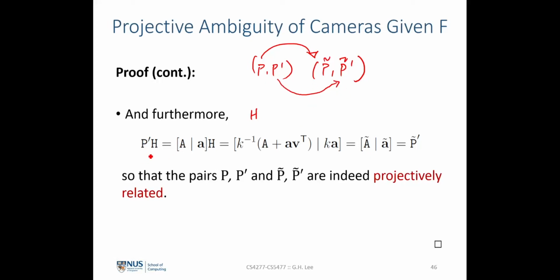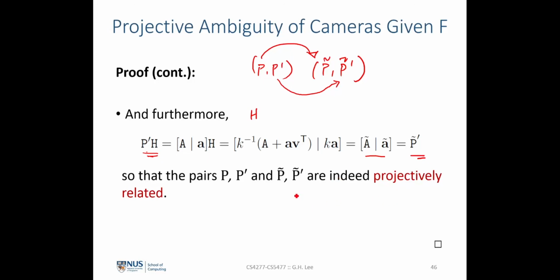And it's not difficult to plug H into the equation over here and simplify this expression. We will get the A tilde 3 by 3 matrix with the a tilde 3 by 1 vector, which simply equals P tilde prime. I'll leave this to you to verify that this particular relationship is true.